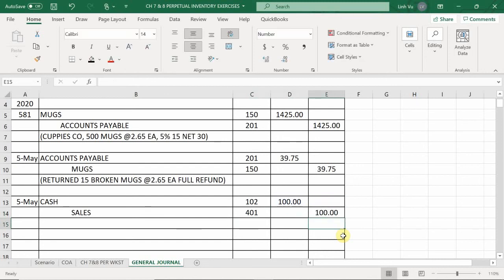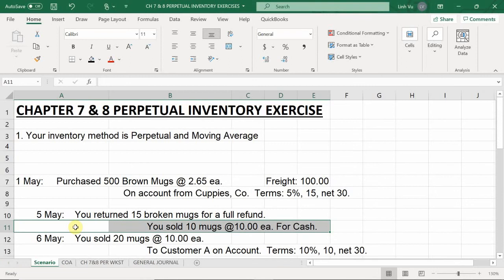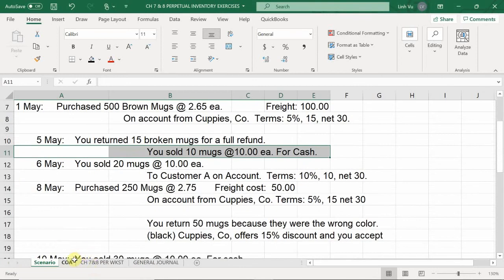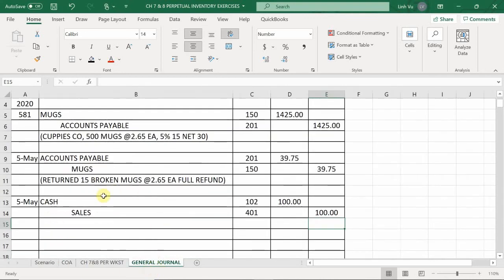And of course, we have to assume that we have sales tax. Did I mention that we have sales tax? So in this case, sales tax payable. Let's take a look at my chart of accounts. Do I have a sales tax payable? Yes, I do. And your assumption here is that it's always going to be 8.25%. So what is the tax here going to be for the sale of $100?